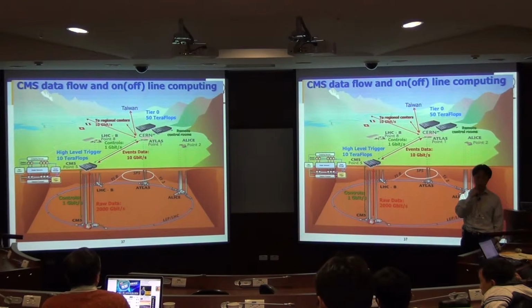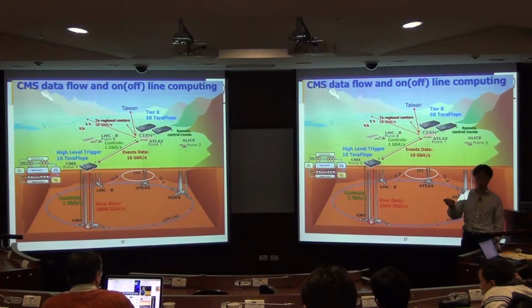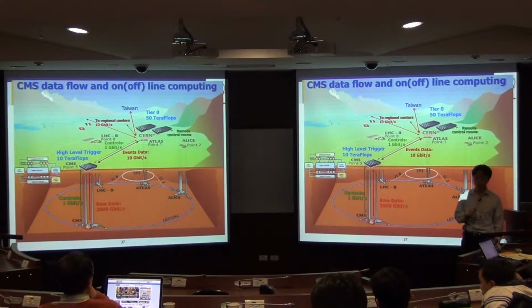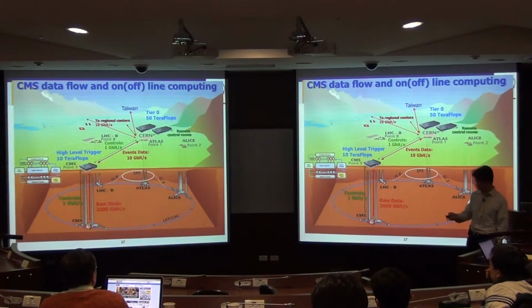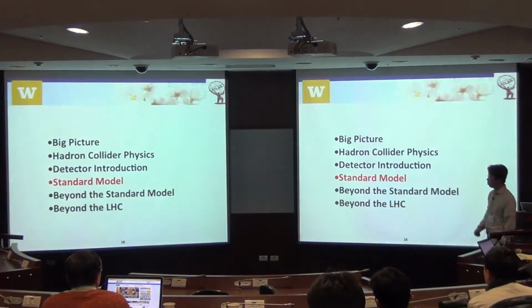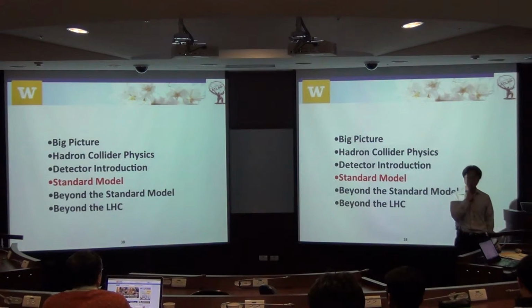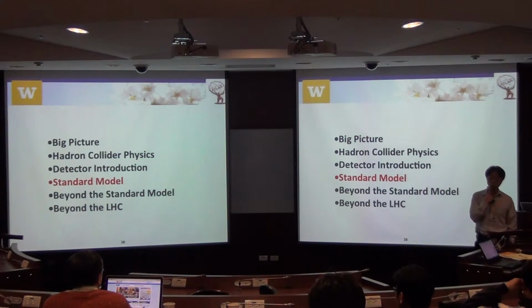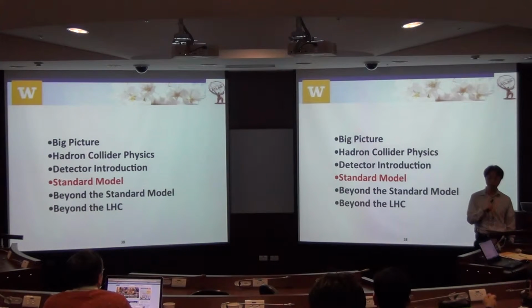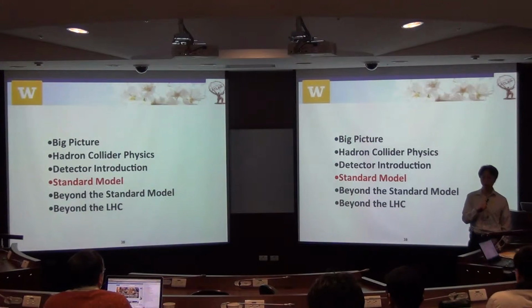We have a Tier 1 center which contributed significantly to the Run 1 data analysis. Okay. All right. So that is basically my introduction about the detector. Then I will move on to the next topic, the Standard Model. What's the big deal in the Large Hadron Collider?